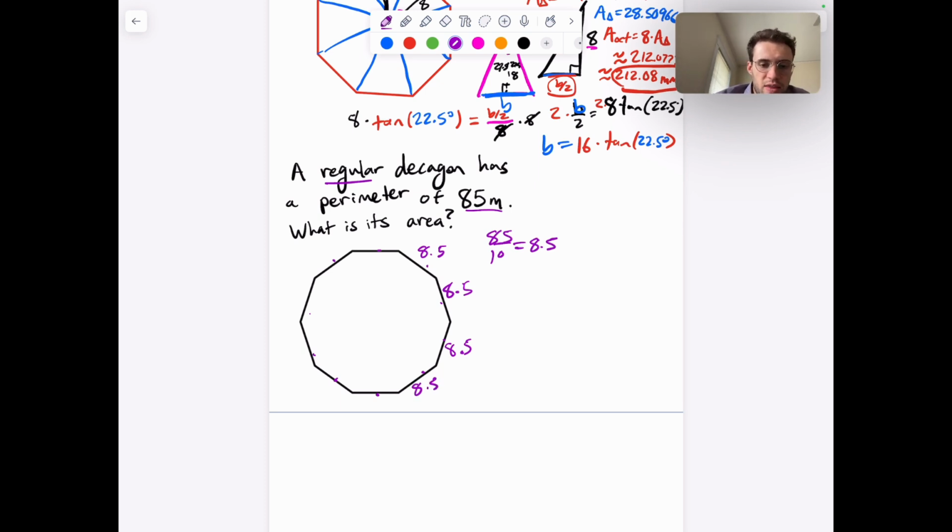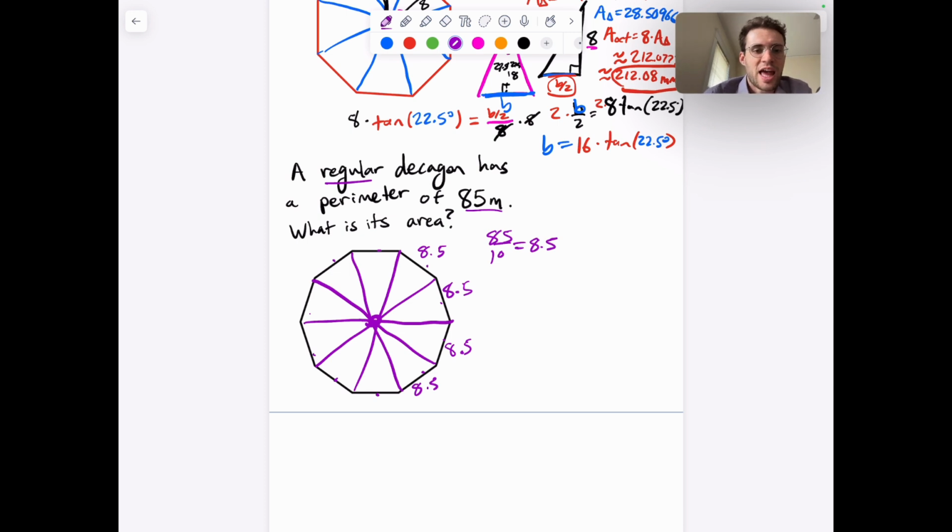Now, we want to divide that into, as usual, a bunch of triangles. In this case, there are 10 triangles. I didn't draw it perfectly there, but it should be 10 equal-sized triangles. And this one, I'm definitely just going to use the angle in the middle, because we have 360 degrees for that circle. If you divide it into 10 equal-sized slices, that gives you 360 divided by 10, which is 36 degrees.